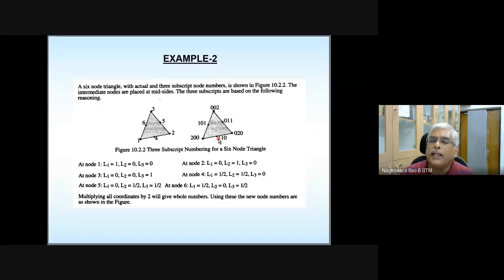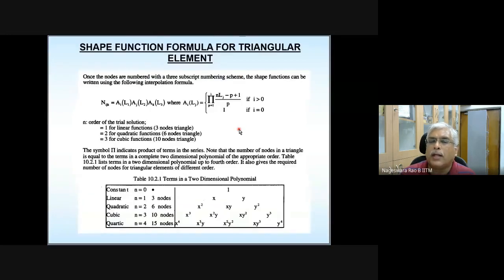Like that, you need to apply this formula. So for node 1, it's going to be N200. So i takes value 2 here, A2, L1, and it's going to be A0, L2, A0, L3. So these two are going to be 1, and finally you are going to be left with A2, L1.